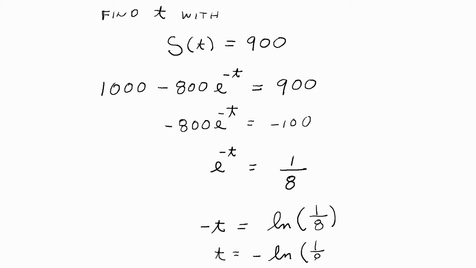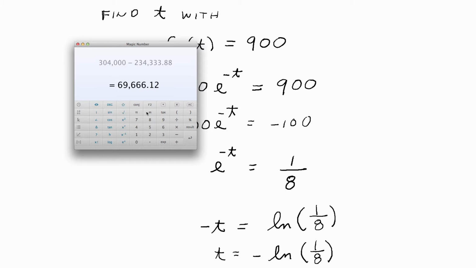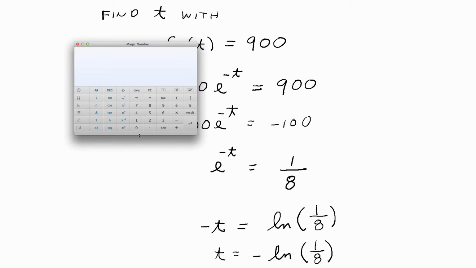Now I'm going to pull out my handy calculator to see what that value is. I only have the log, not the natural log, and I don't want to use that.